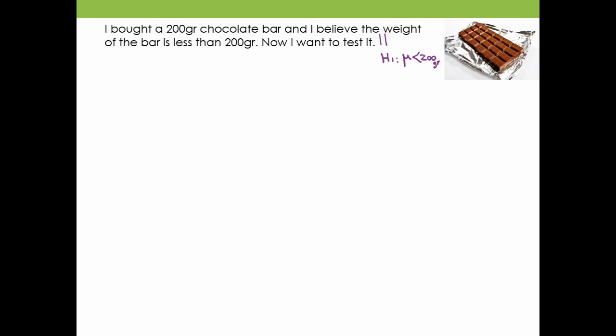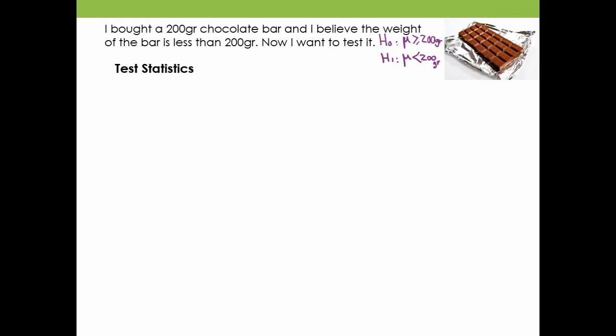And the default assumption is that mu is greater than or equal to 200 grams. It is the opposite of the alternative hypothesis. Always when you solve a question, first define the alternative and then the null hypothesis.